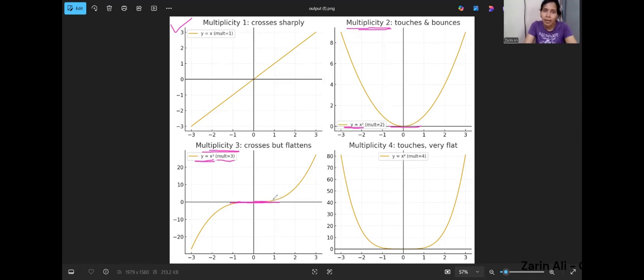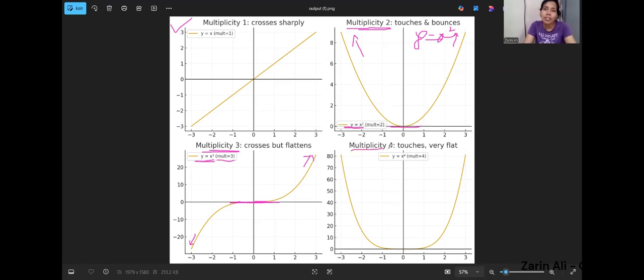And because it's odd, x cube, the tails are not pointing in the same direction, they are pointing in opposite directions. But because y equals x squared is even, you can see that these things are pointing in the same direction.